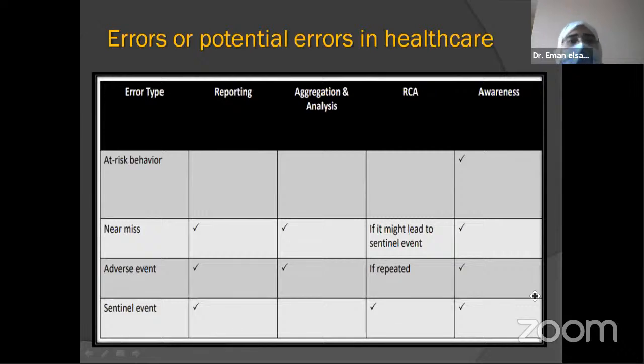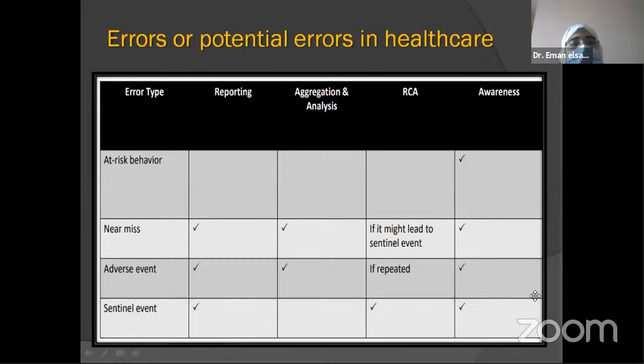Near miss reported, yes, it must be reported because of the latest standards in JCI and CBAHI. Maybe near miss needs an RCA if it is very critical. Aggregation and analysis, yes, near miss needs aggregation and analysis. The RCA, if it might lead to a sentinel event, must be done. Awareness, yes.